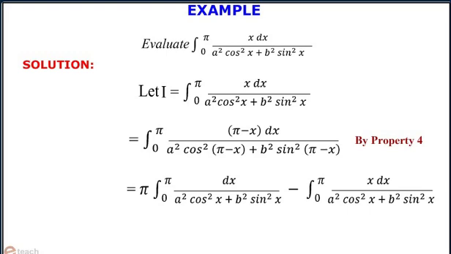We get pi into integration 0 to pi dx divided by a square cos square x plus b square sin square x minus integration 0 to pi x dx divided by a square cos square x plus b square sin square x. Now you will note that the second term is nothing but I. So taking it to the other side, we get 2I equals pi into integration 0 to pi dx divided by a square cos square x plus b square sin square x.